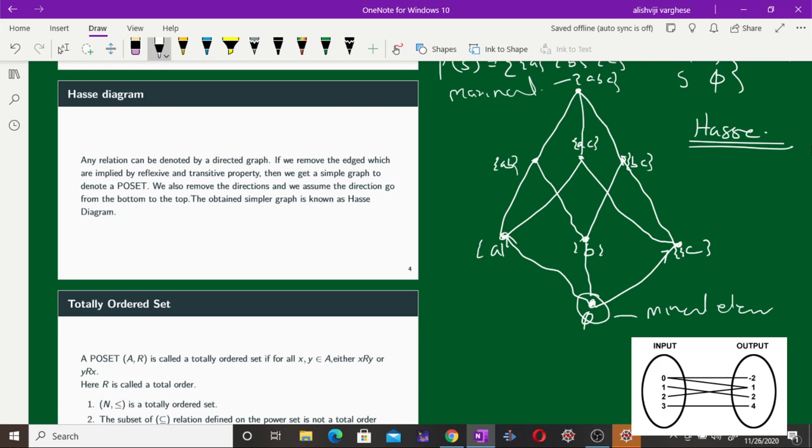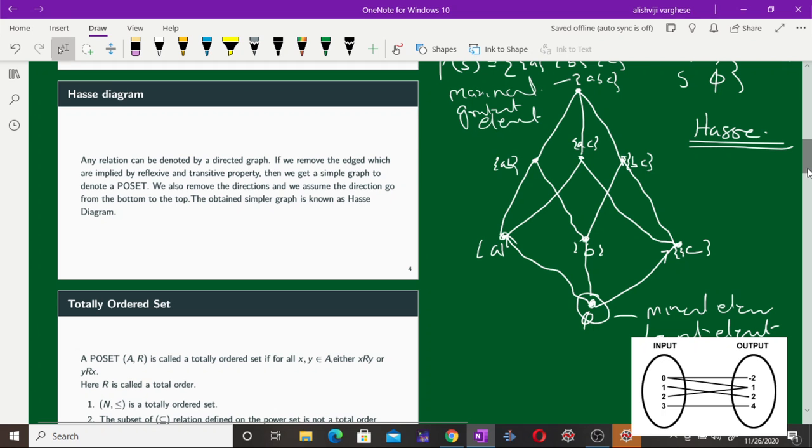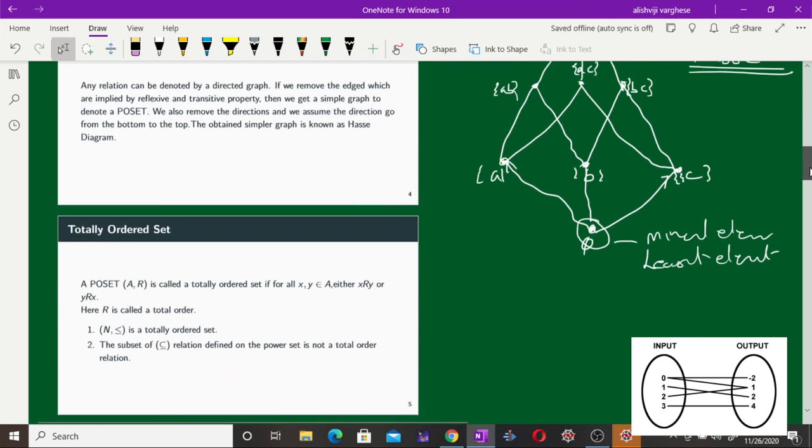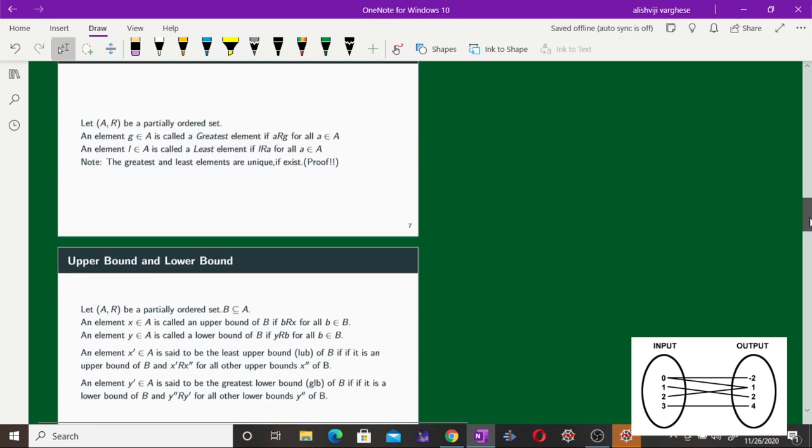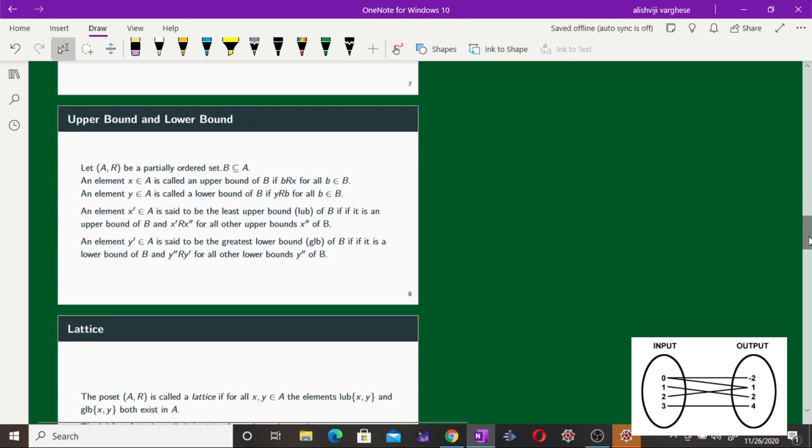In this particular case, there is only one minimal element, and that is our least element. And here there is only one maximal element, and that maximal element is the greatest element. So the greatest element is unique, the least element is unique, and the maximal and minimal elements may not be unique. Now the next concept is upper bound and lower bound.